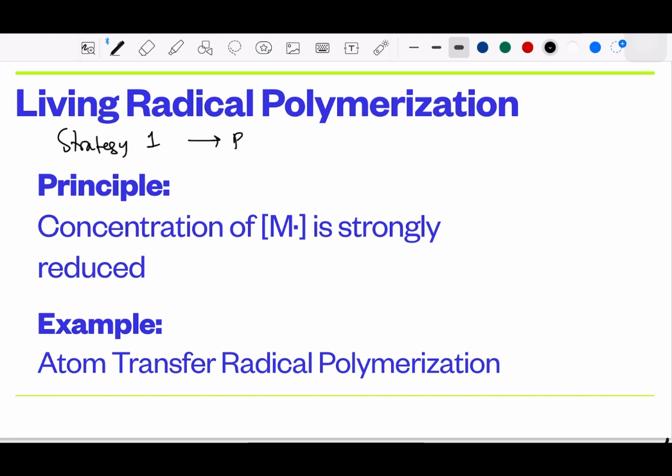We call it the reversible capping. Capping is like a shield. You can say shielding also is the same. Cap is like a hat, so it's to close something. So close the radical. This is to shield the radical.